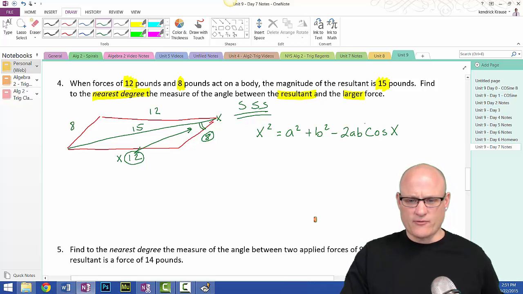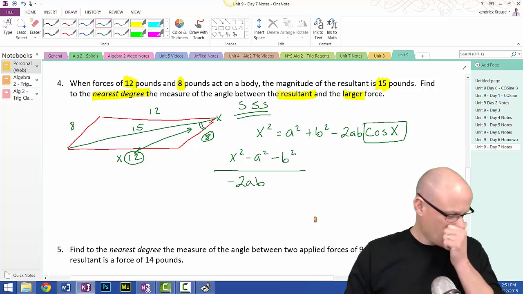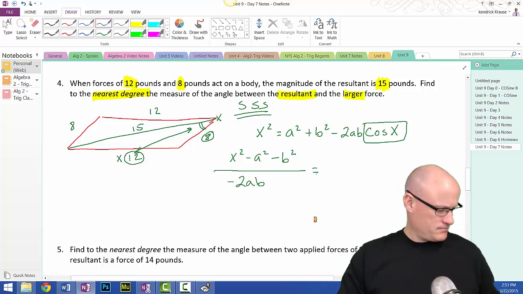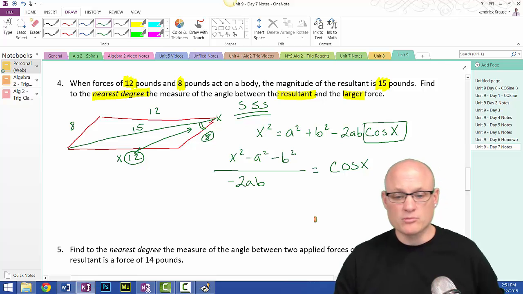But since I need to look for this, we need to isolate it. So x squared minus a squared minus b squared all over negative 2ab equals cosine of x.